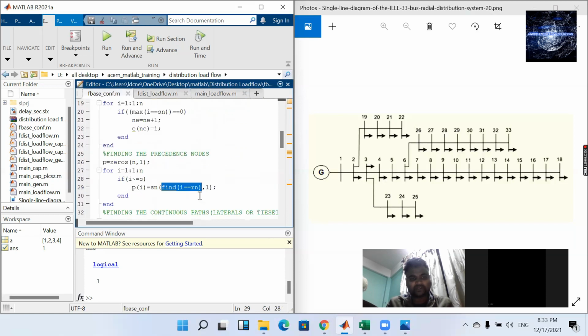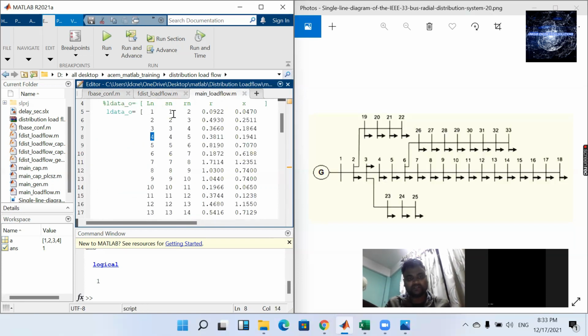After getting the line number, we can also find the sending end node, because in the sending end node array, if we give the line number, we get the sending end node. For example, the fourth has 4. Here, for line 22, what is the sending end node? It is 3. We can easily get it.